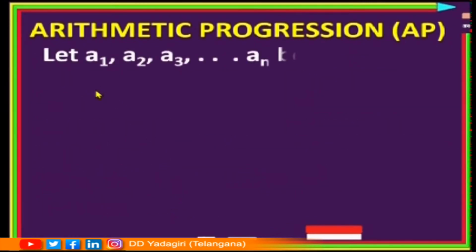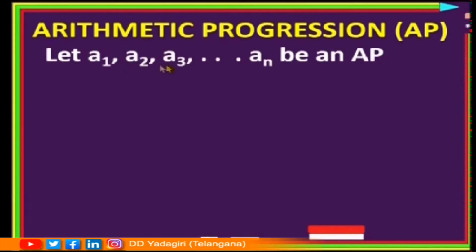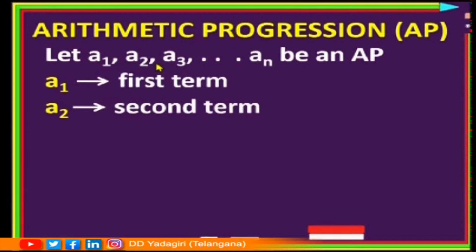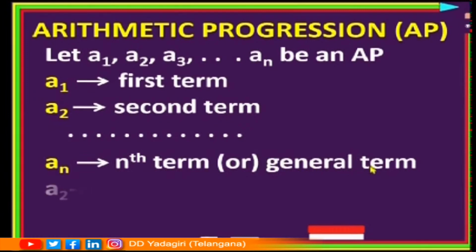Now let us see the series of arithmetic progression. So the terms of the arithmetic progression are of the form A1, A2, A3, so on An. In this, A1 is called the first term, A2 is called the second term, similarly A3 is called the third term, and so on. The last term An is called the last term or nth term, or we can say the general term also.